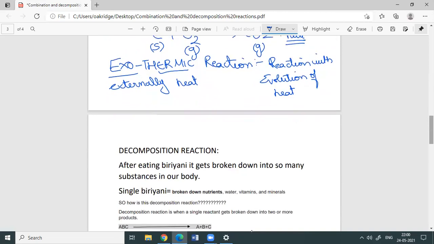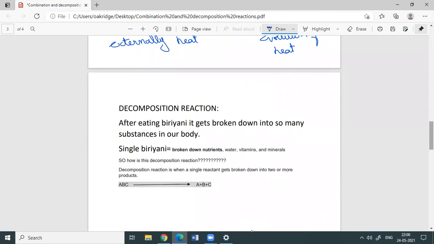Next one, the second one is decomposition reaction. So now again I'm taking biryani's help to help you all out with the explanation. Here, if you can see, children, after you eat biryani, what will happen? Obviously, you can get acidity also if you eat a lot. But if you eat in a limited amount, the nutrients get broken down.